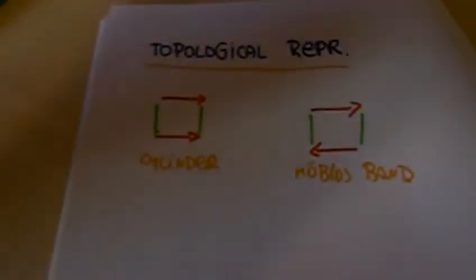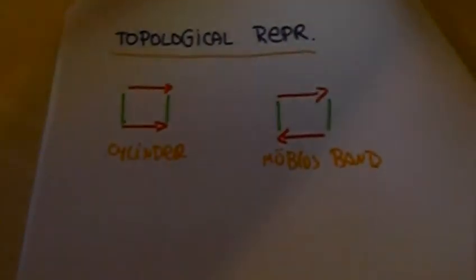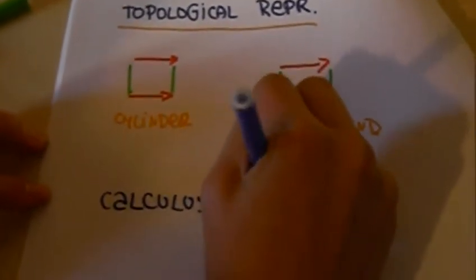Also, calculus is very useful. So here in the Möbius band, we can also find calculus. Here we find it as a way of representing the Möbius band. As you can see, it's a body in 3 dimensions.